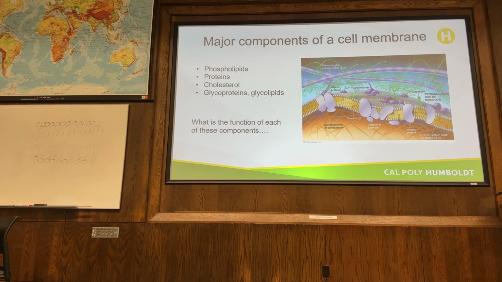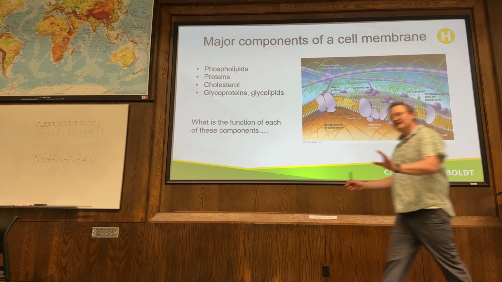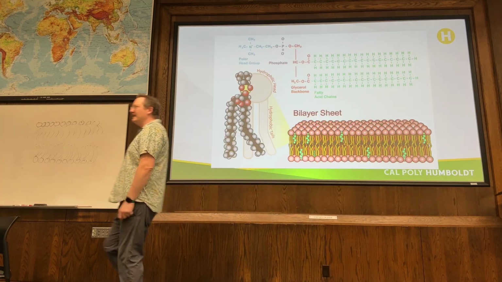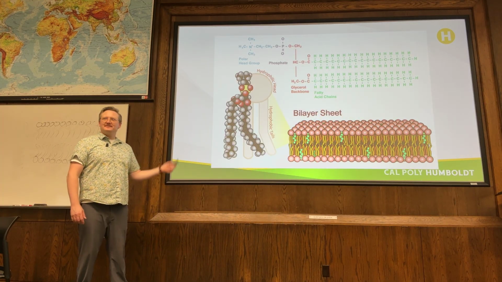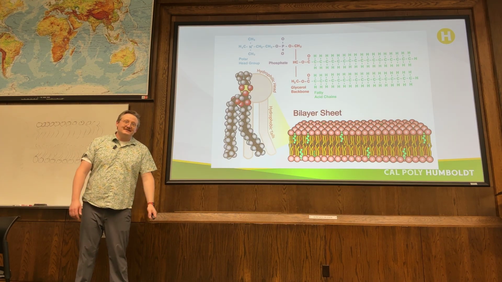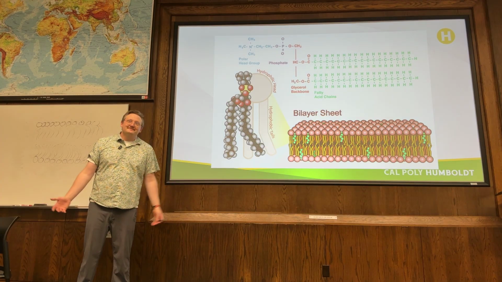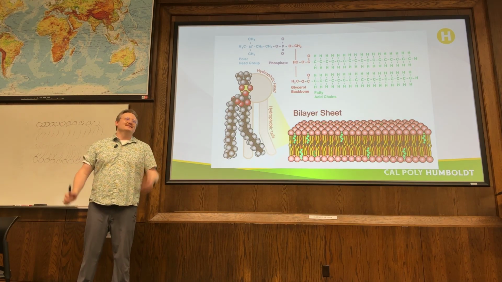What does that mean? So we've got the phospholipid bilayer structure. And I really want to just check in real quick. How are we feeling about that phospholipid bilayer? There's a phospholipid. It associates and makes this bilayer structure. It's probably one of the most important molecular association things that we learn about.